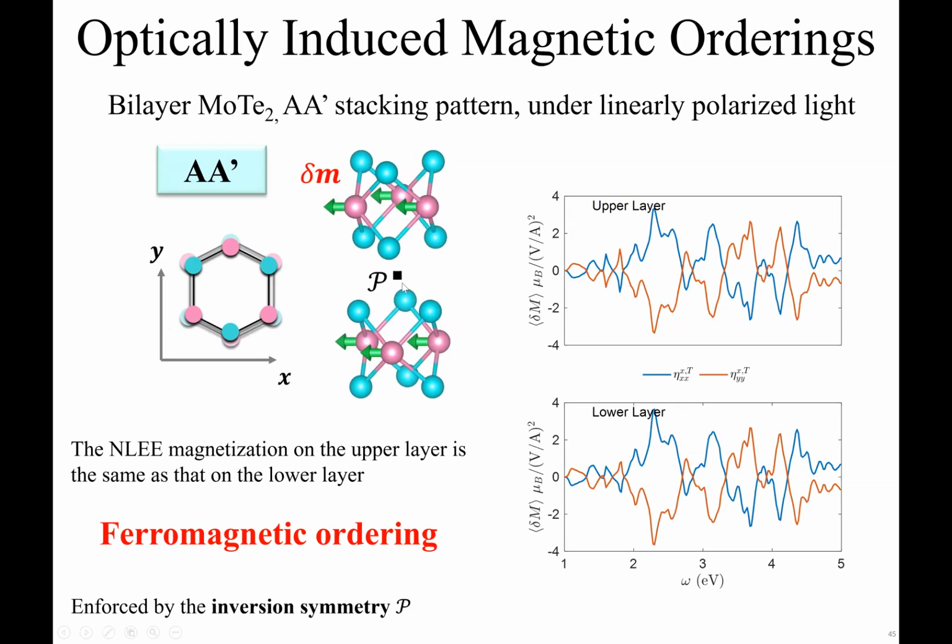And if, on the other hand, you have this AA prime stacking, where you do have the parity inversion symmetry, then under a linearly polarized light, we can have this ferromagnetic ordering. So there is a table of selection rules that you can look up.